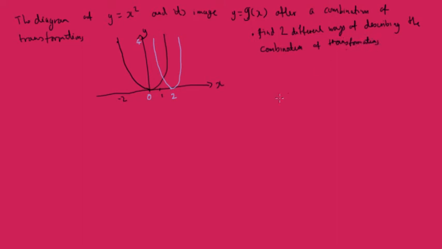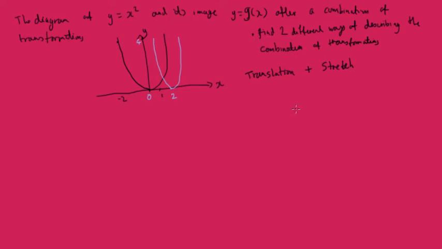So let's think about it. What transformations do we have? Well, we've got a translation and we've got a stretch. There's no reflection. So we can do the translation first, followed by the stretch, or the stretch first, followed by the translation.